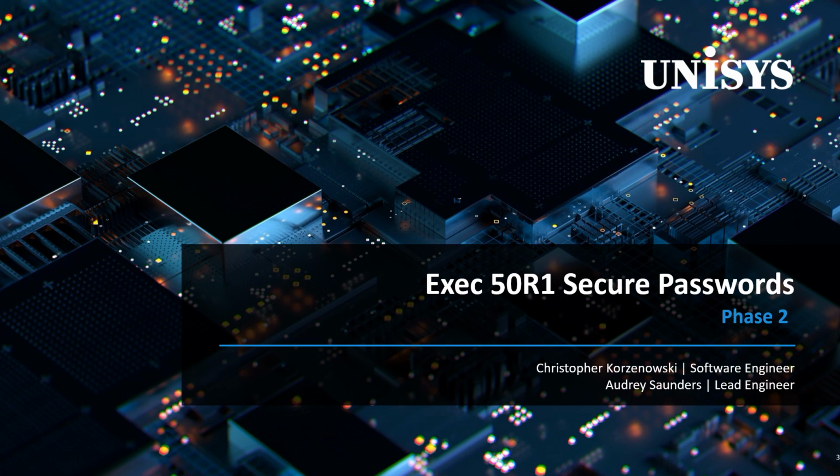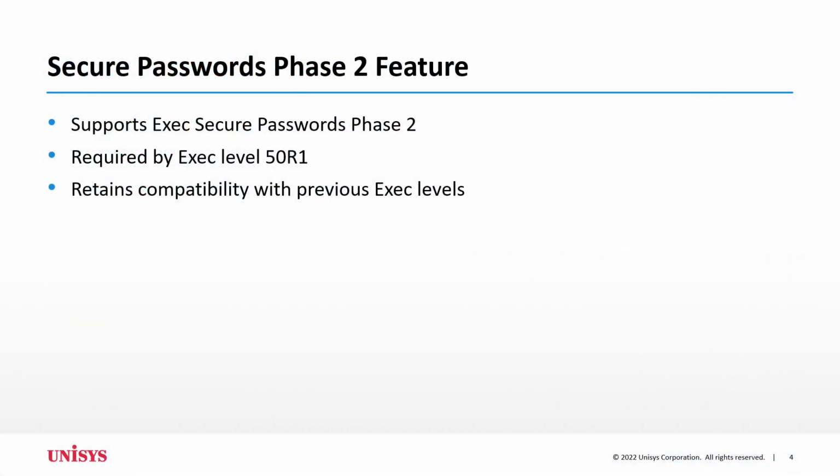First, I'll discuss the Secure Passwords Phase 2 feature for CIFS. This feature adds support of the exec's default hashing algorithm introduced by the exec release 20.0 Secure Passwords Phase 2 feature.